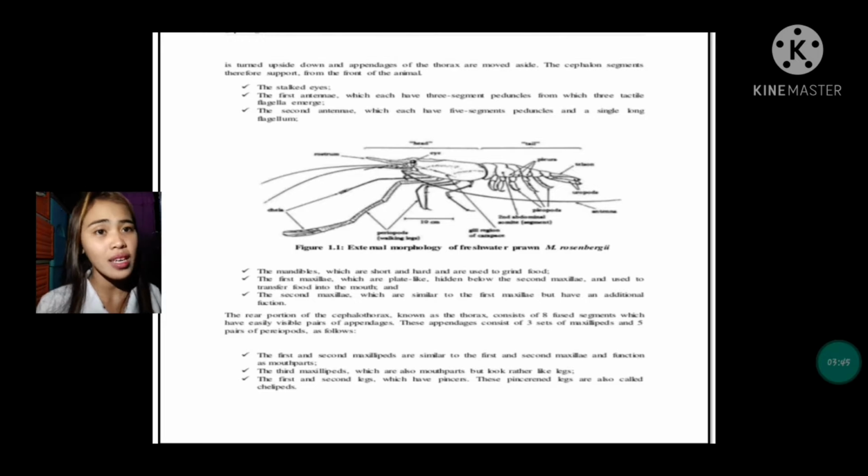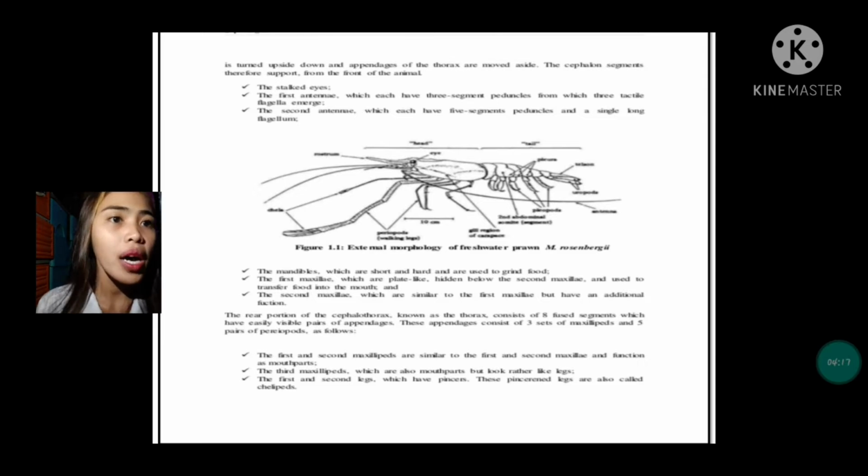The next is the external morphology of a freshwater prawn. The eyes and the first antennae, which each have 3 segment peduncles from which 3 tactile flagella emerge. Then the next is the second antennae, which each have 5 segment peduncles and a single long flagellum.